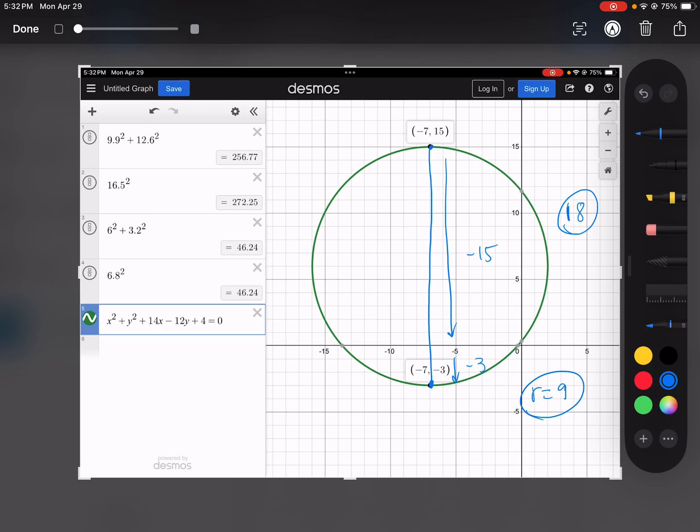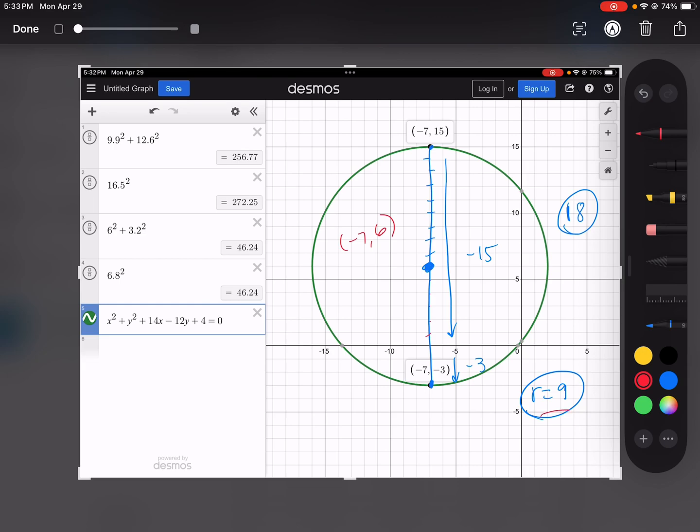If I start at 15 and start counting, 1, 2, 3, 4, 5, 6, 7, 8, 9, I'm getting my center right there. Which, if I know it's at -7, because that's where the vertical line is, and it's at 1, 2, 3, 4, 5, 6. So -7, 6 is my center.